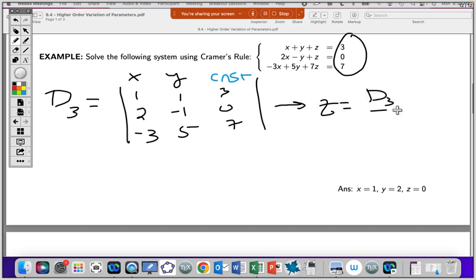Z then would be d3 over d. And what would z have to be for this to be correct? If this is correct, then what should the d3 work out to be?